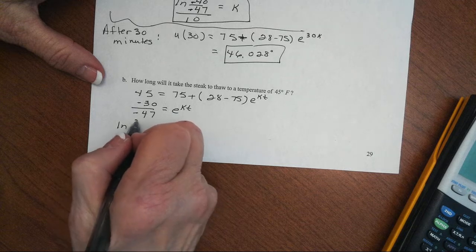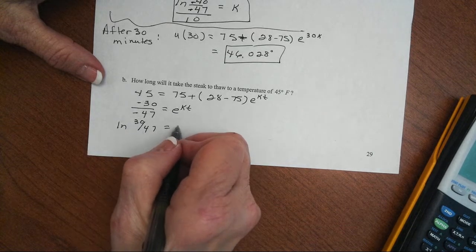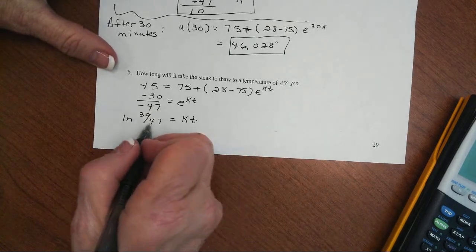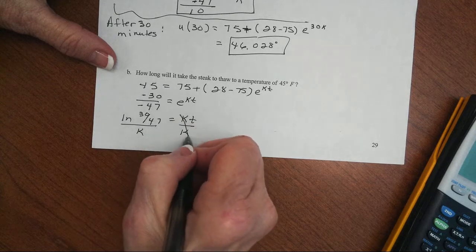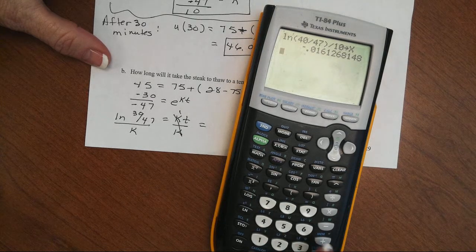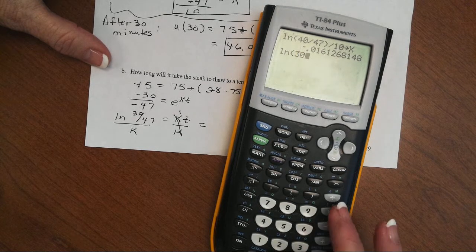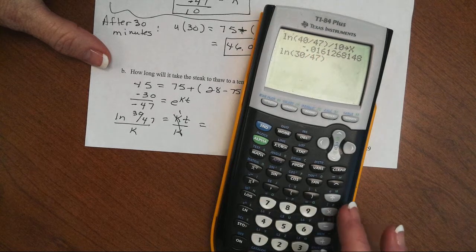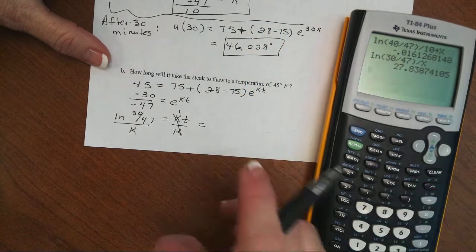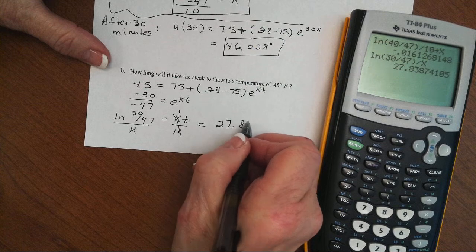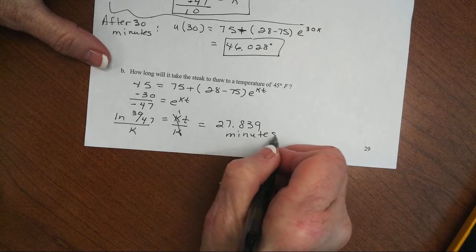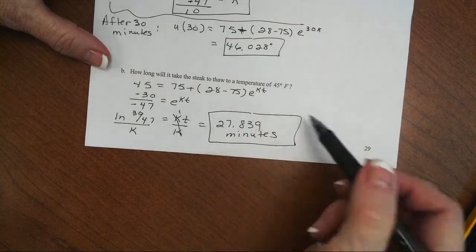So the ln of 30 over 47 equals the constant times the time. Divide both sides by K. And so T will equal ln of 30 divided by 47 and divided by K, by the x that we stored. And we get 27.839 minutes is how long it would take, which is consistent. It is less than 30 minutes.